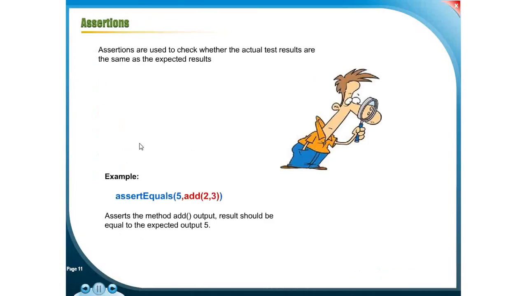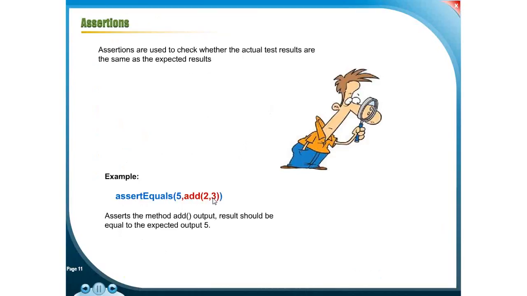Here, assertions are used to check whether the actual test results are the same as expected results. Assertion is nothing but our assumption. You can see here, assert equals method is taking two arguments, the first argument and second argument. The second argument is where we are calling the code that we have written, the calculator's add method, and we are passing the arguments 2, 3.